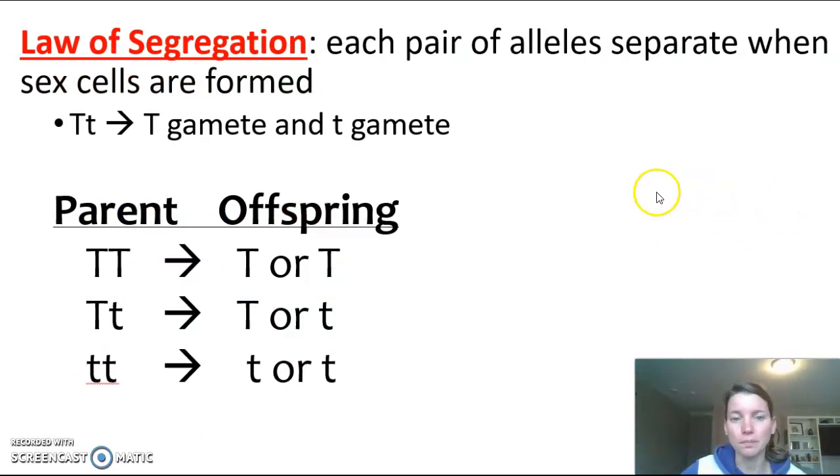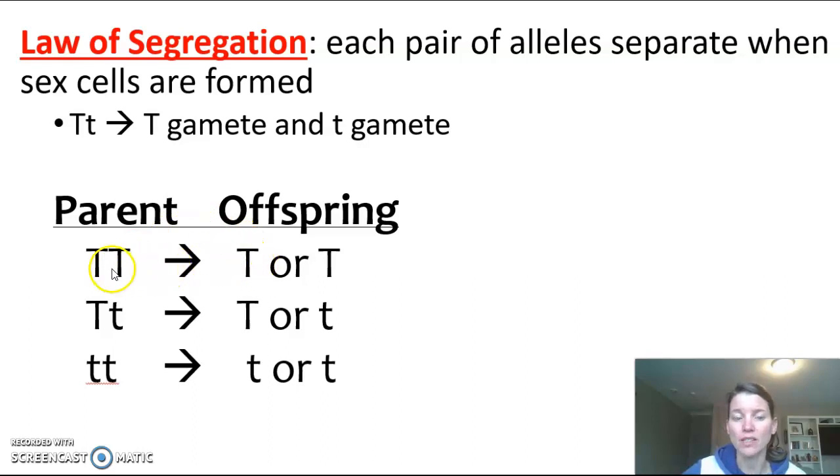Law of segregation. The law of segregation states that when you have these alleles, and again, these alleles are just letters that represent a trait, let's say height in that pea plant, when those plants go to make their gametes, sperm cells and egg cells, those letters are split or segregated out. For example, let's say you have big T, so homozygous dominant.